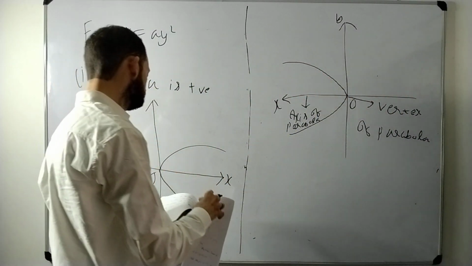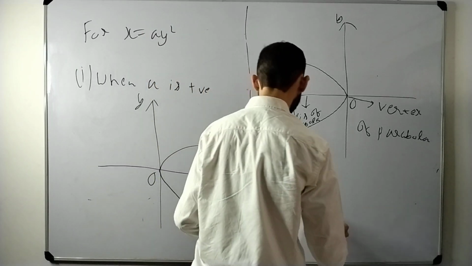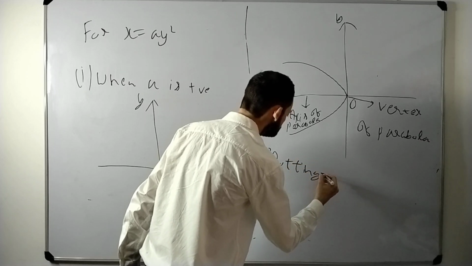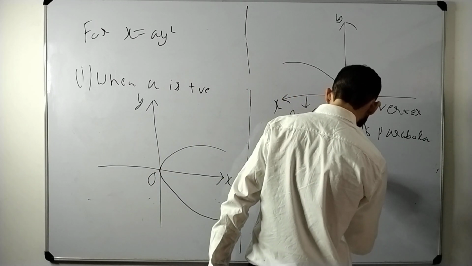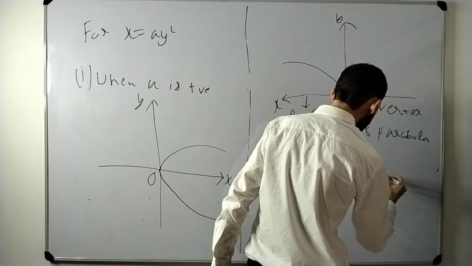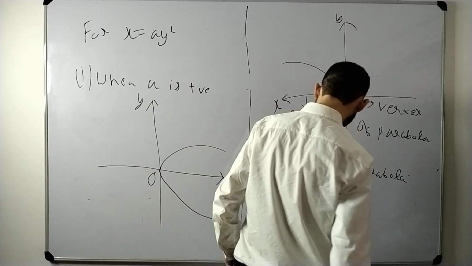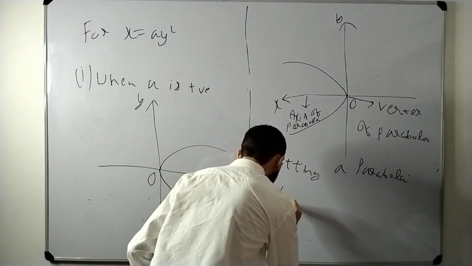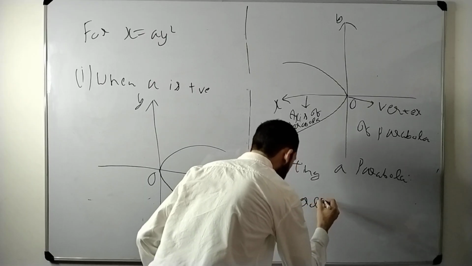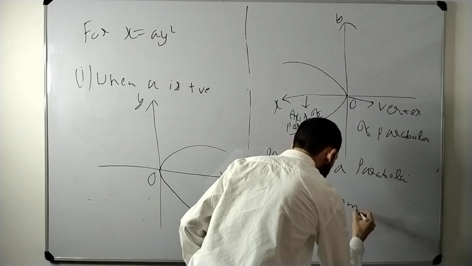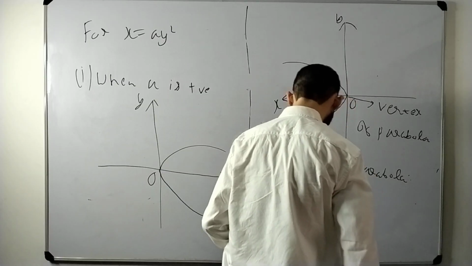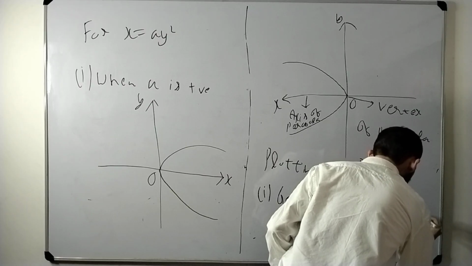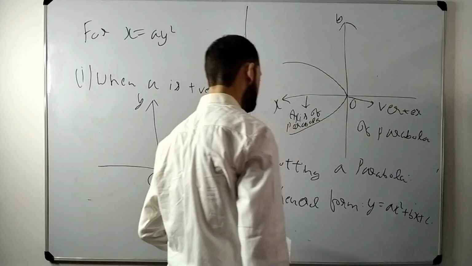The next part, plotting a parabola. Based on the equation, we plot the general form of a parabola, y equals ax square plus bx plus c. Right, students?